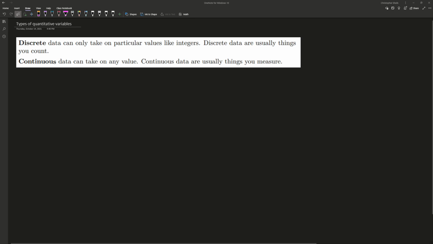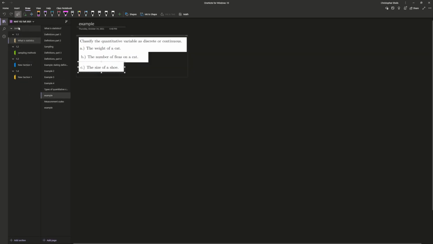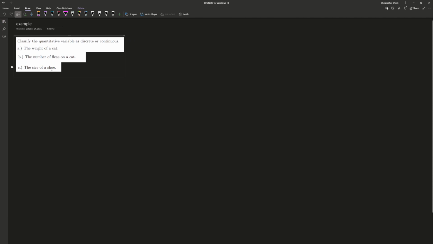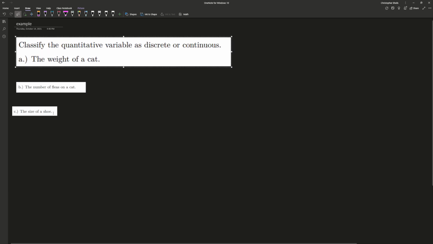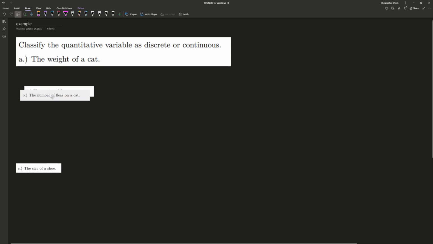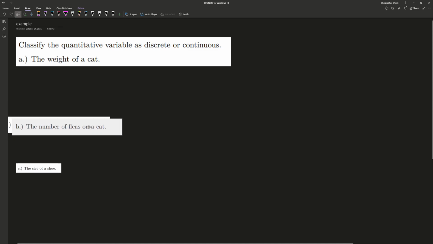Let's look at classifying some of these. Let's classify each of these as discrete or continuous. First up is the weight of a cat. The weight of a cat is continuous because this is something that we measure.